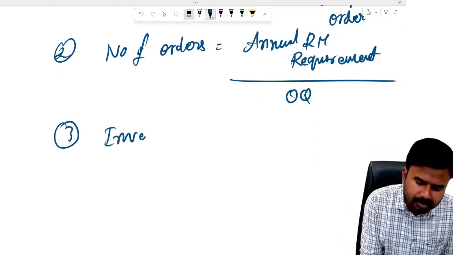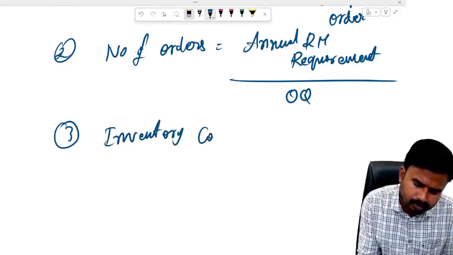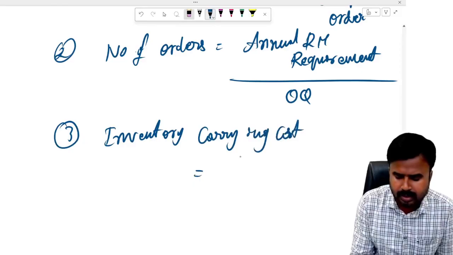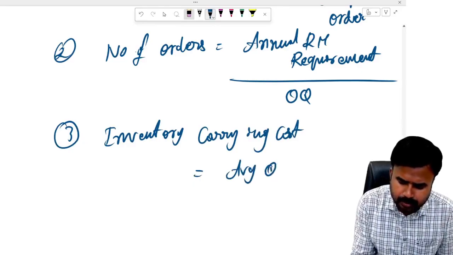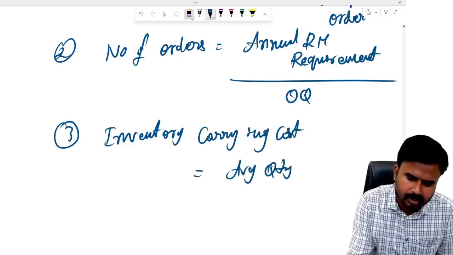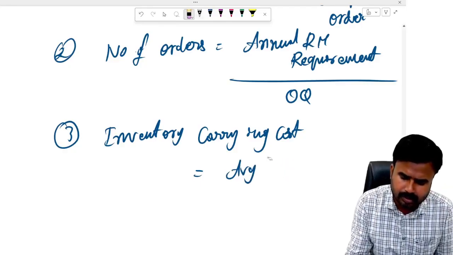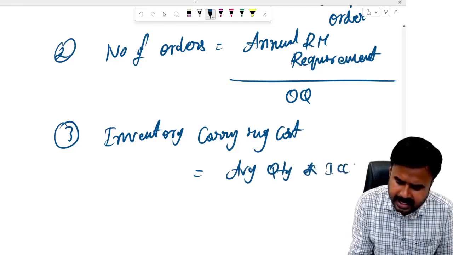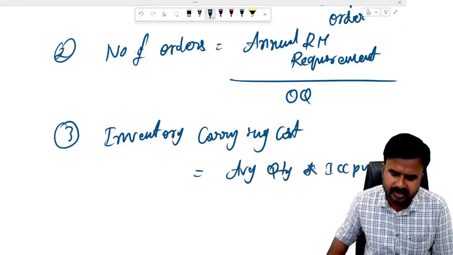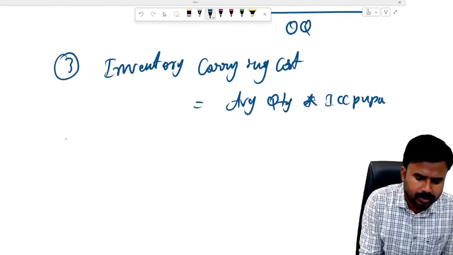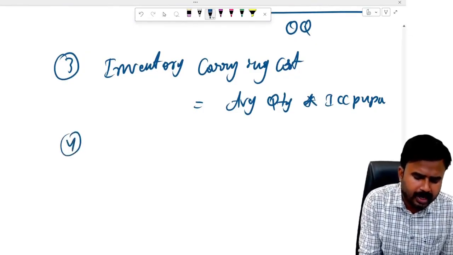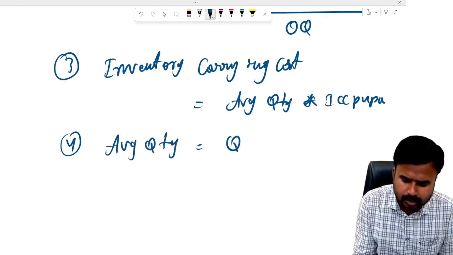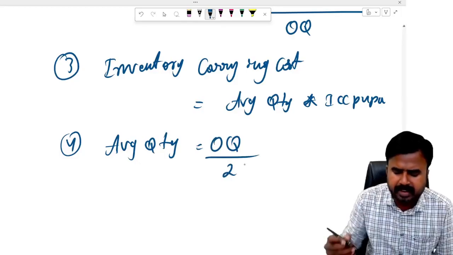Inventory carrying cost is equal to average quantity into ICC per unit per annum, where average quantity is equal to OQ, ordering quantity divided by 2.